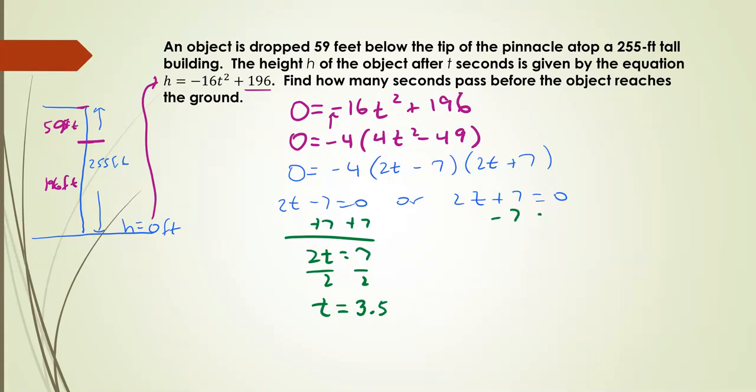Here I'm going to continue solving, but just like on the previous problem, I end up with a solution for t that doesn't really work in my answer. Negative 3.5 seconds doesn't make sense. It says how many seconds pass before the object reaches the ground, and so the answer here would be the object will reach the ground at 3.5 seconds.